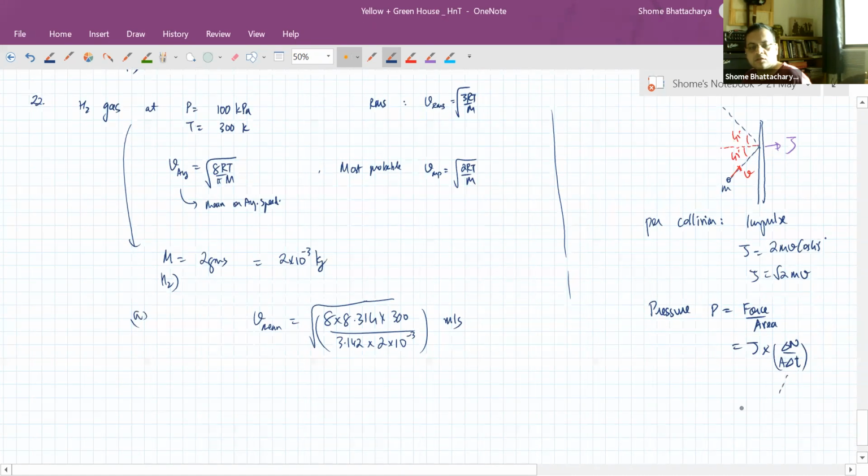So this is what we have to calculate, I think, right? How many molecules strike each square meter per second?